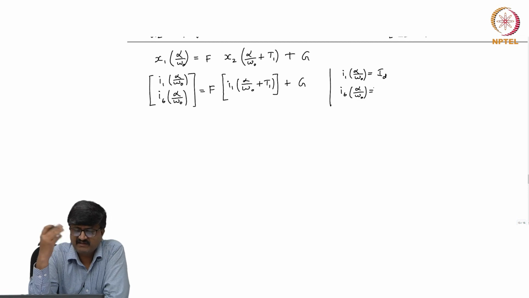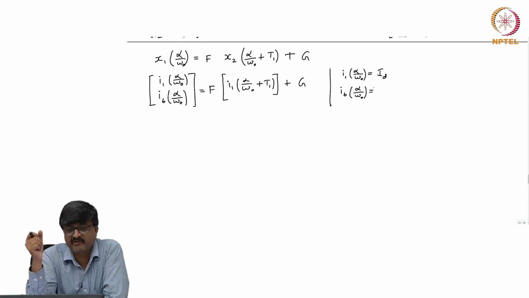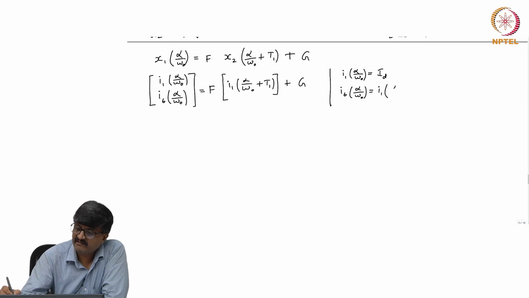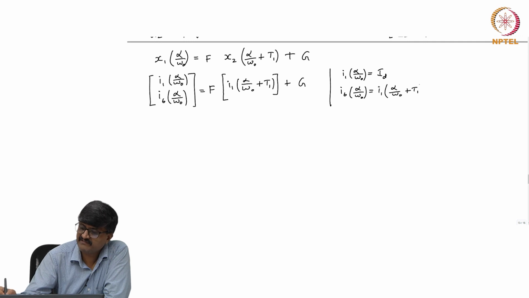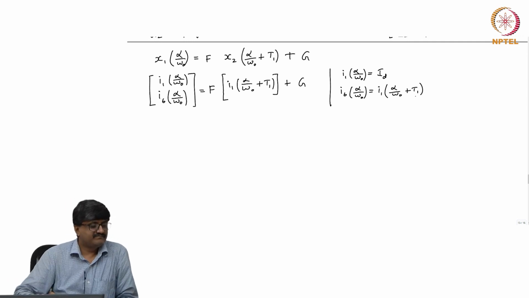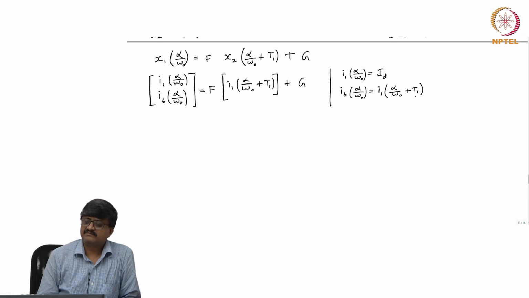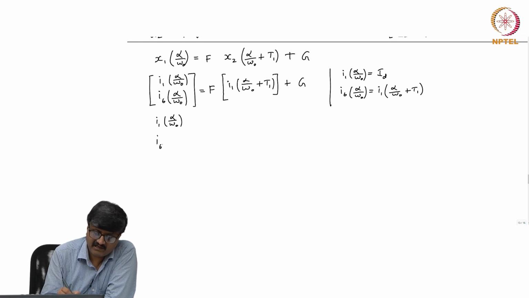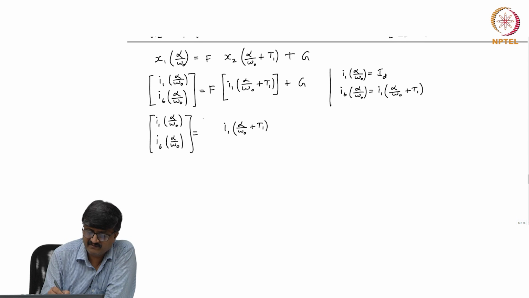Whatever happens to I6 happens to I1 after 60 degrees, which is nothing but the uppercase T with a subscript 1. So, I6 at alpha by omega o is nothing but I1 at alpha by omega o plus T1. From these two equations, I1 at alpha by omega o and I6 at alpha by omega o, which is there on the left hand side, is equal to I1 at alpha by omega o plus T1.